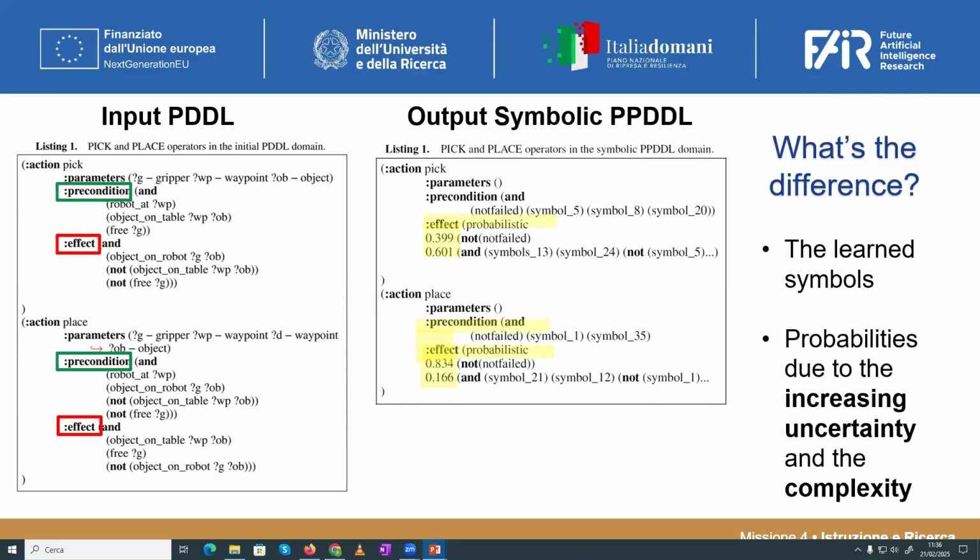So we train the robot with a set of plans, but during the execution, some uncertainty changes the ideal behavior. And so what we can generate is a new knowledge which takes into consideration the real behavior of the robot. So we can represent, for example, new symbols, and the fact that one action can have different outcomes. So the input is an ideal planning domain description language, and the output is a probabilistic planning description language. So we are able to capture the uncertainty of the environment.